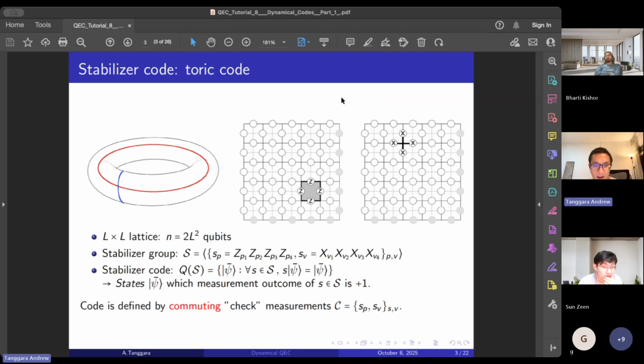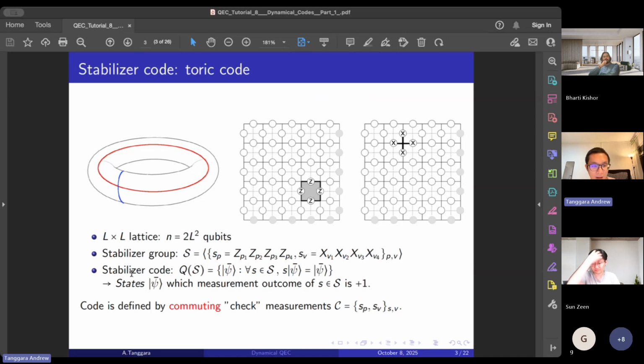I'm just gonna recap the toric code, which you've probably seen hundreds of times in the previous sessions. So we tessellate the surface of this torus and put a lattice on the surface, and then you put qubits on the edges, and then you do these 4-qubit Z measurements on the faces, 4-qubit X measurements on the vertices.